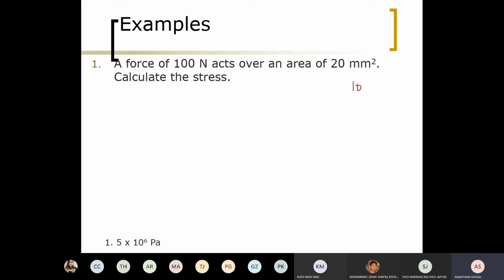So 100 Newton divided by 20 times 10 to the power of negative 6, because millimeter square changes to meter square. Make sure the conversion is correct to get this answer.